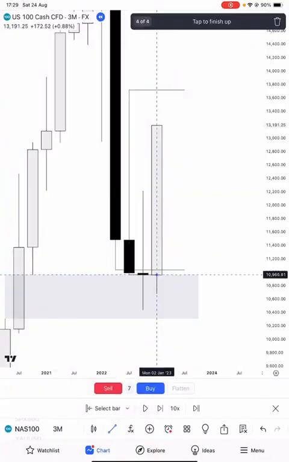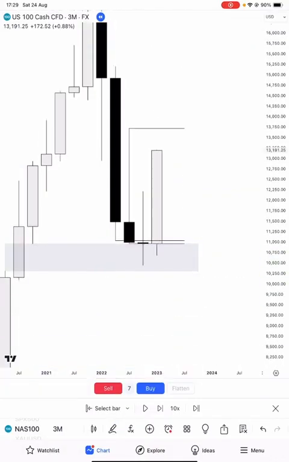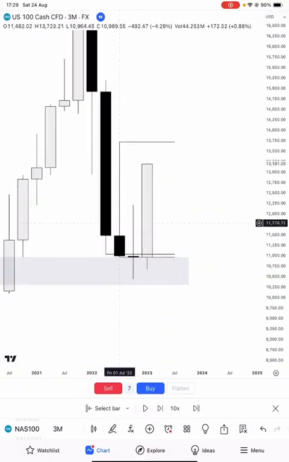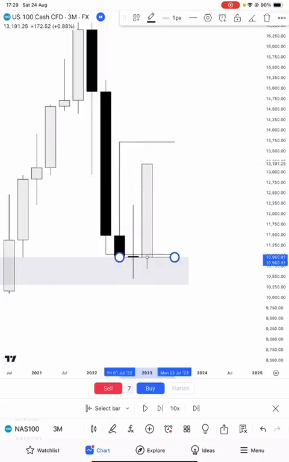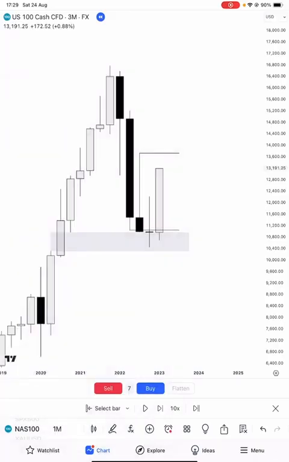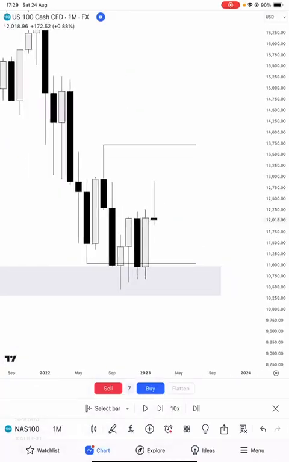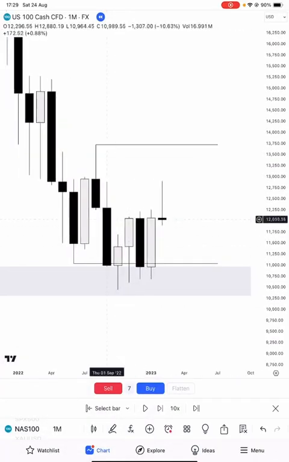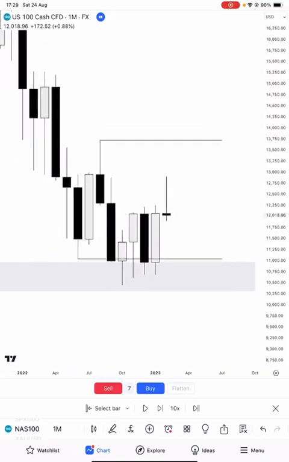Here, beautiful respect of the FVG, and if you noticed the classic 3 candle model, candle 1, candle 2, candle 3, it's all the same, and I skipped to a random point in time, so I'm making this stuff up right now.